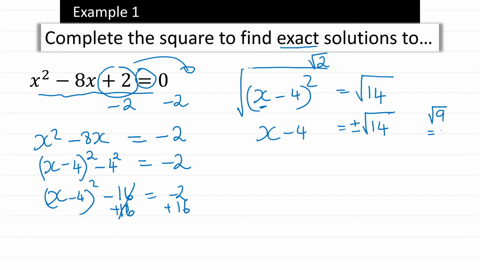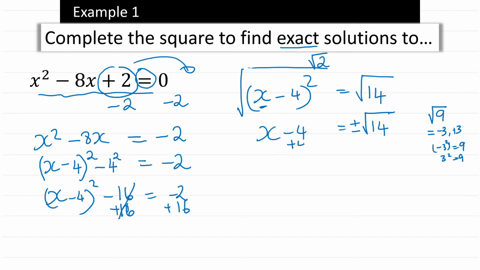The answer is minus 3 or positive 3. Because if I square negative 3, negative 3 times negative 3 is 9. And 3 squared is 9. So that is why when you square root, you get plus or minus.